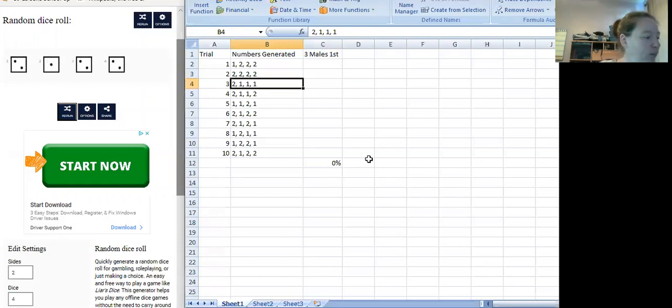Okay, second one, conducting a simulation for a compound event. You can use random numbers to simulate the compound events as well as simple events. So this time they are looking at how many eruptions you can expect.